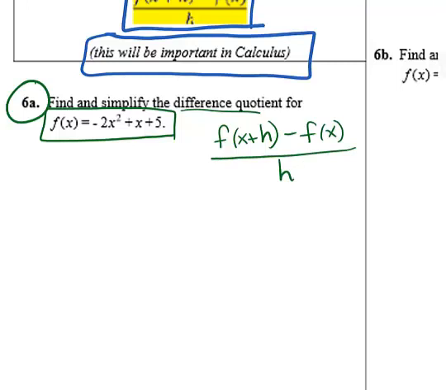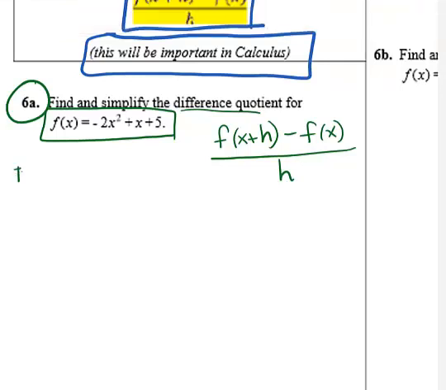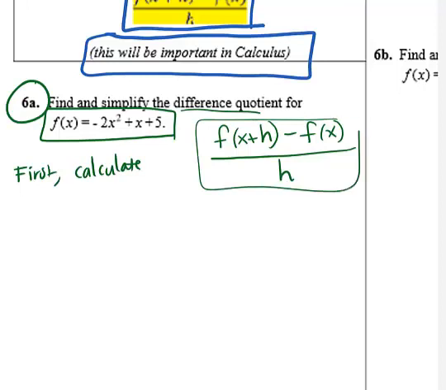So usually what I do is I first calculate the one part of the difference quotient that looks weird and complicated, the f of x plus h. So I think if you just focus on that first, and then once you figure that out and simplify it, then bring it together with the whole difference quotient, that makes it a lot easier.